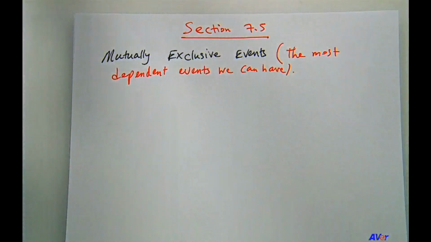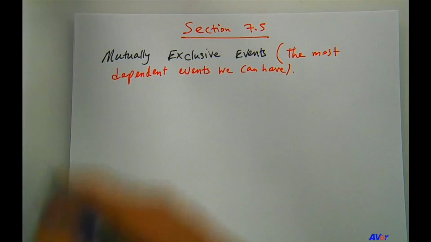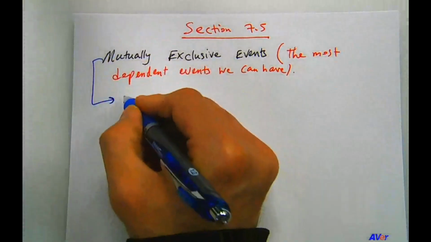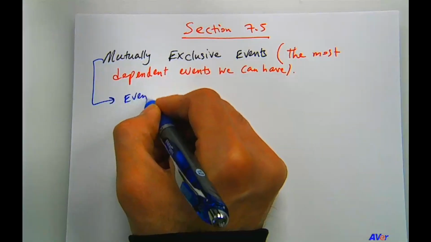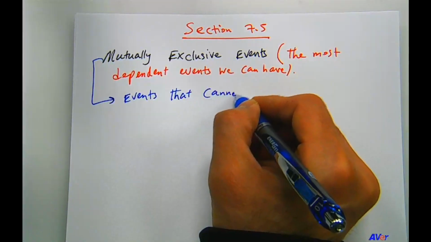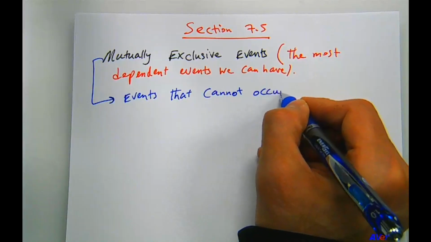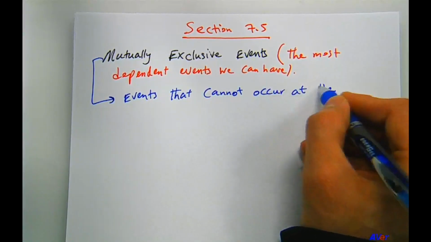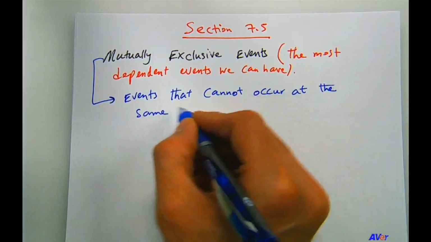So the reason for this is that mutually exclusive, well, first of all, let's define mutually exclusive events. These are events that cannot occur at the same time.